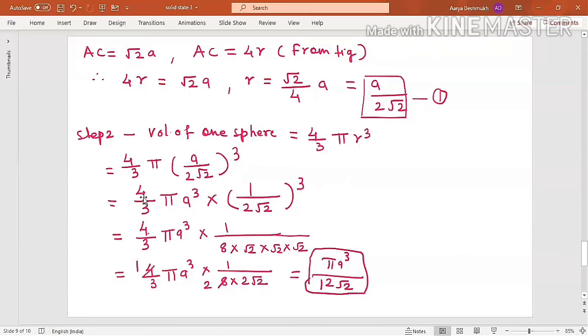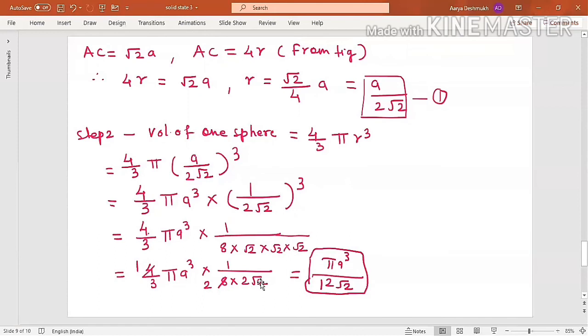Now simplify this further: 4 by 3 pi A cube into 1 upon 2 into root 2 whole cube. So that can be 4 by 3 pi A cube into 1 upon 8 into, so find out the cube of this. Cube of 2 will be 8. Root 2 cube means root 2 into root 2 into root 2, multiplied 3 times. So root 2 into root 2 will be equal to 2, and 1 root 2 is left.